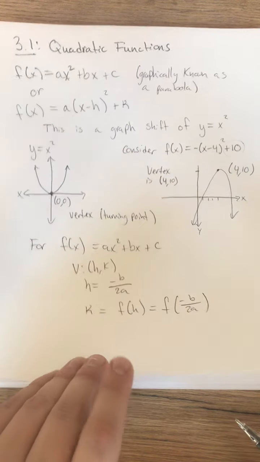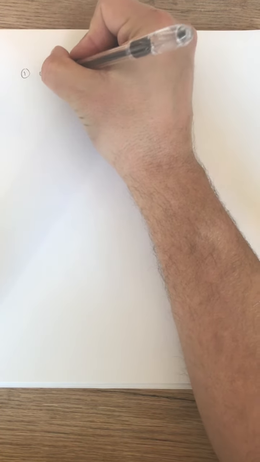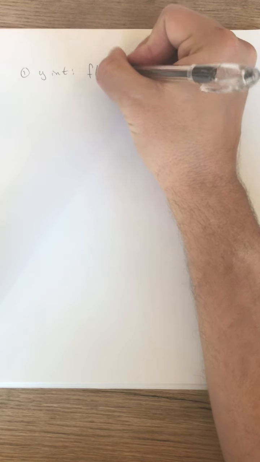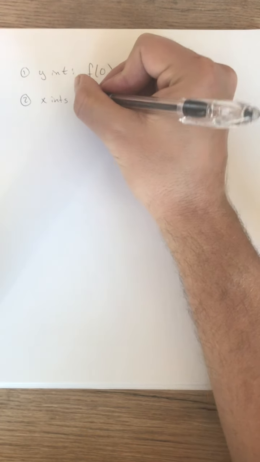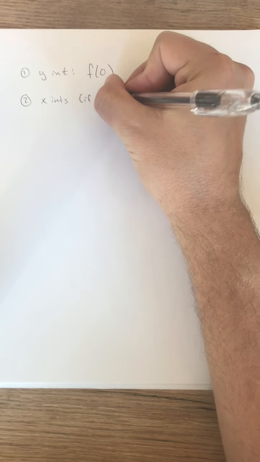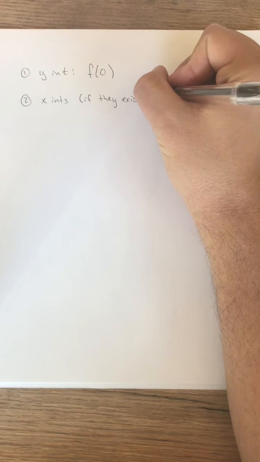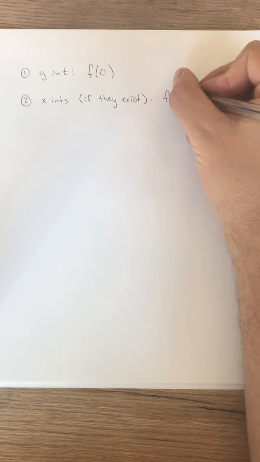Okay, let's list some important things about quadratic functions that we're going to study. So we've got the y-intercept is the first thing, and the y-intercept for any function is always f of 0. You plug in 0 for x, you get the y-intercept. And the x-intercepts may or may not exist for a quadratic function, but for any function, to find x-intercepts, you set f of x equal to 0.